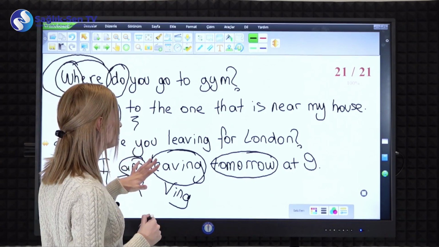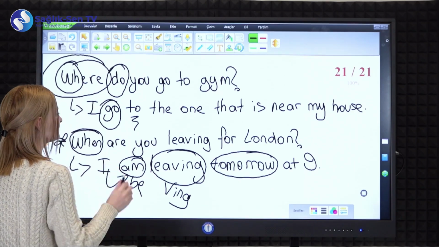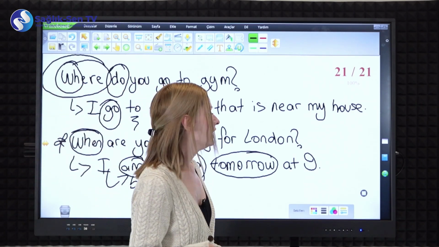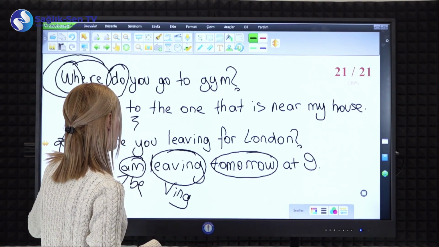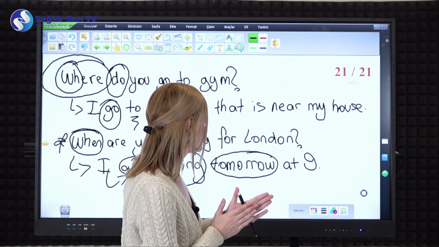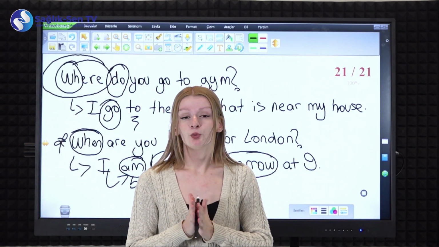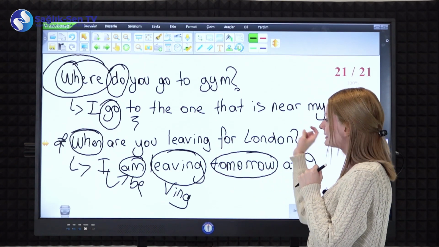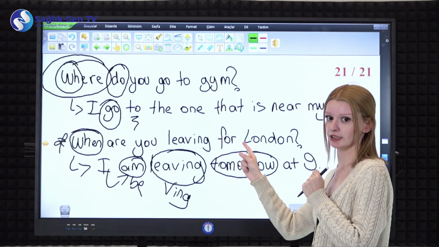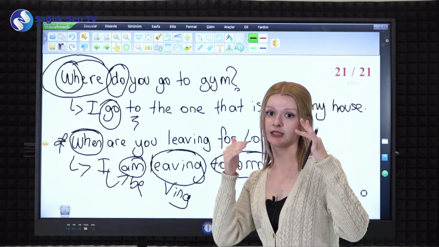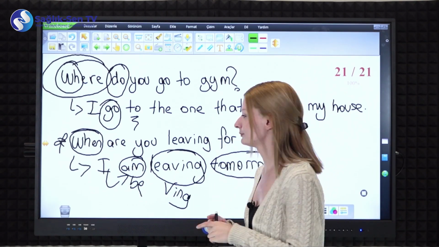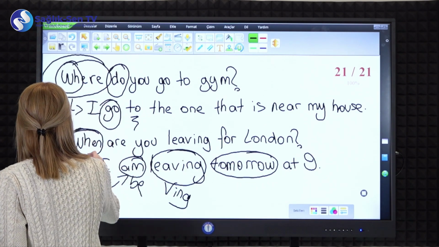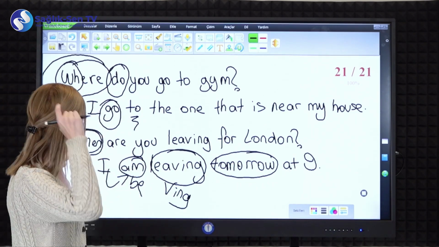When are you leaving for London? This is present continuous. And this is also a WH question. But the reason that we make this sentence in present continuous is that it has a meaning that this particular action is going to happen in the future and it's planned. I am talking about time.